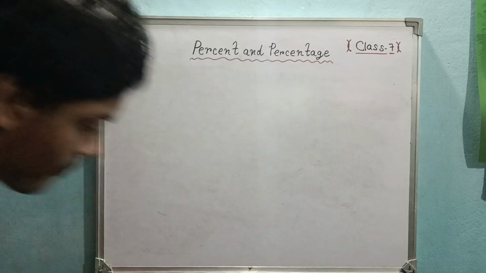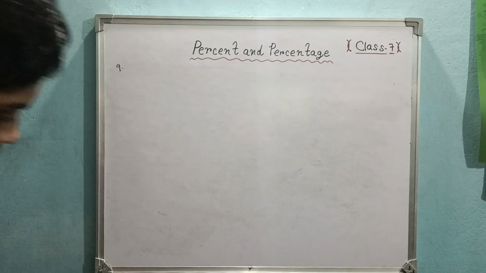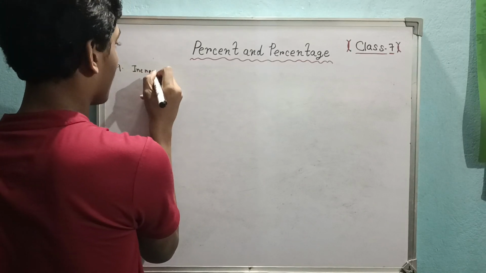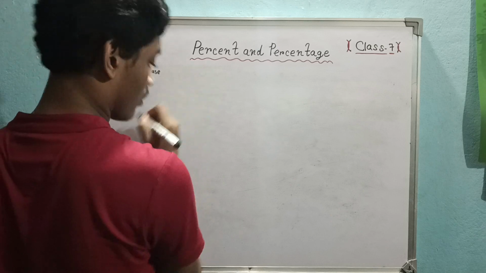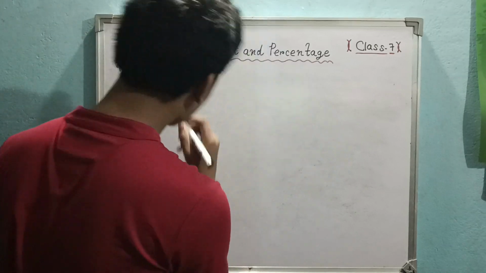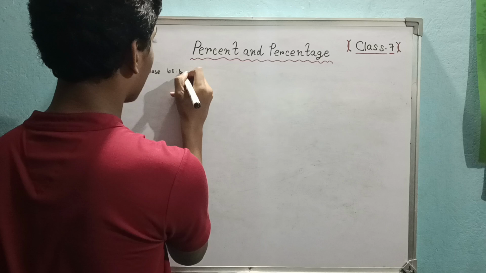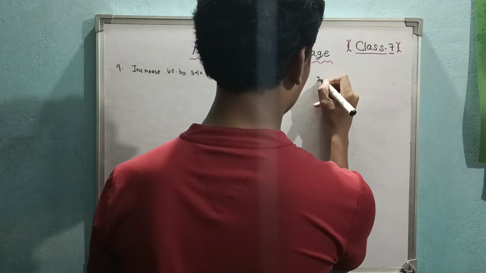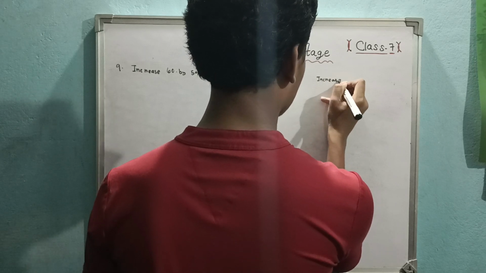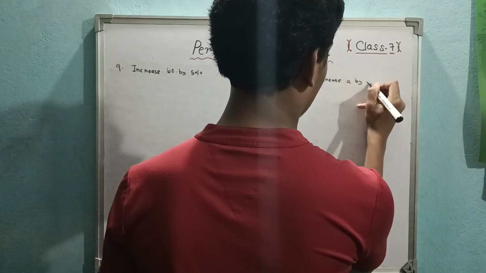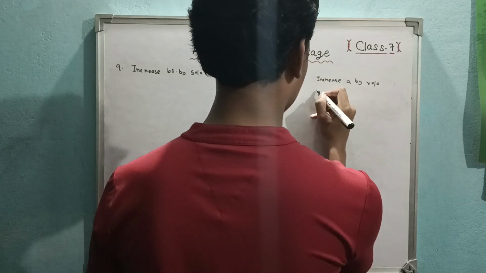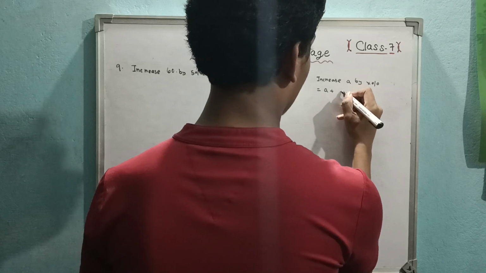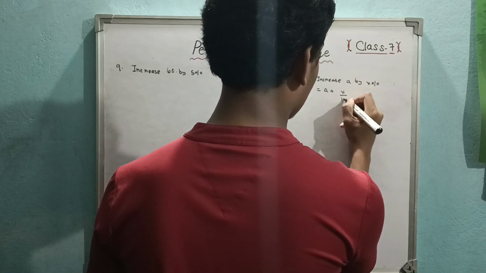Question 9, a little different sum. We have to increase 60 by 5%. Guys, I am telling you one thing. If it's given to increase a by x%, just remember this, it will be a plus x by 100 into a.